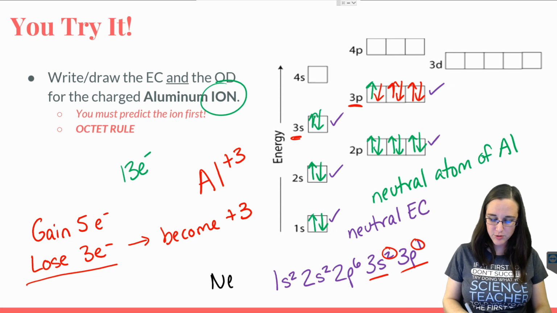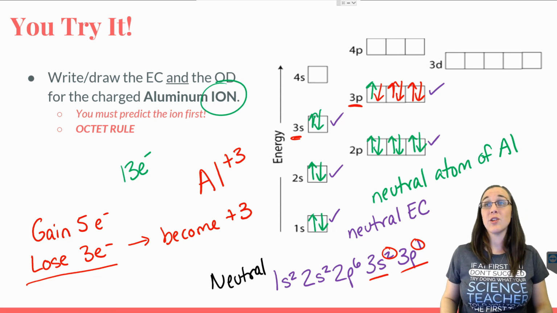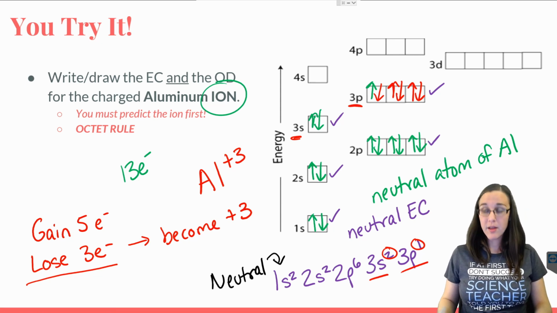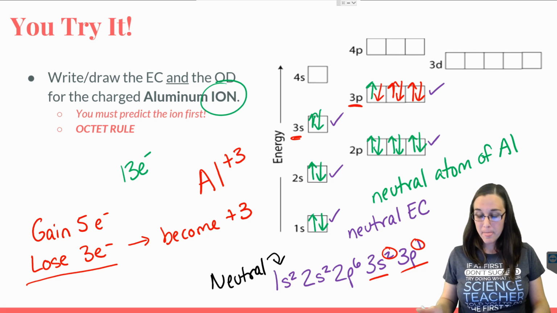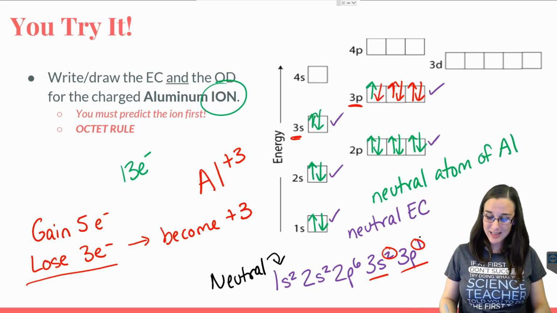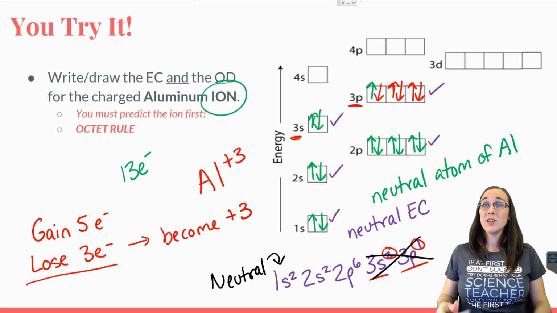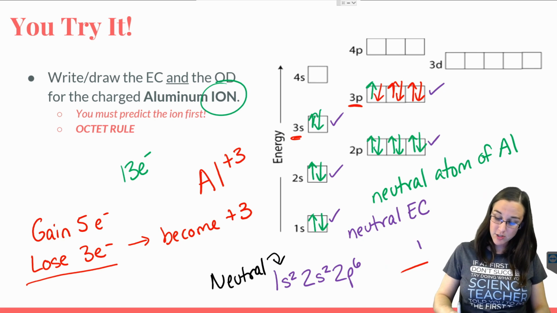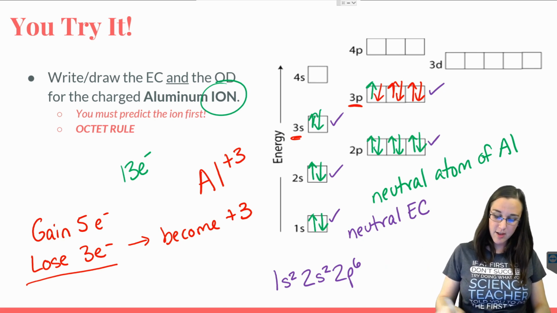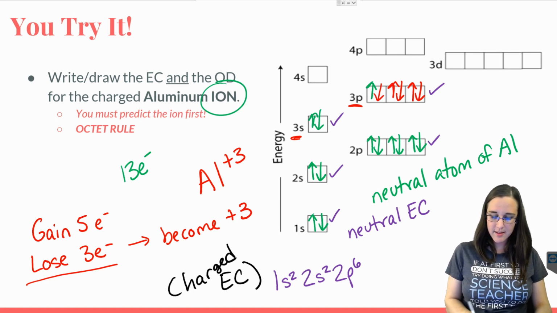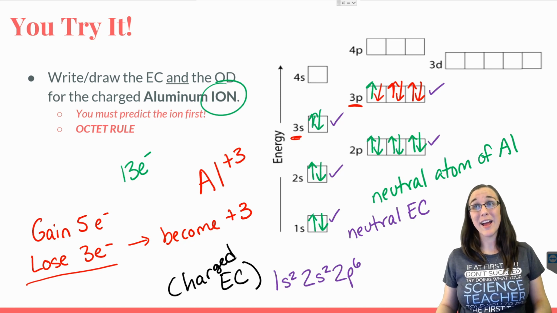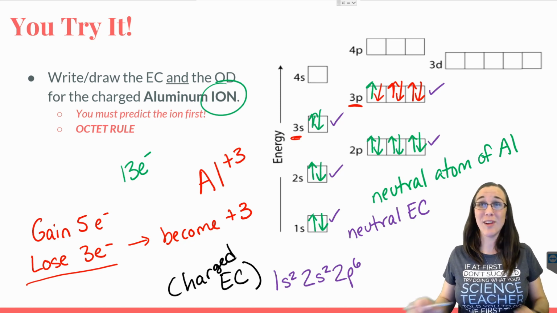This was the neutral electron configuration from before. But once it's charged, I would lose my 3 electrons in the outermost orbital. So essentially, I would be losing this end part. So for a charged atom of aluminium, its electron configuration would actually be that, just subtracting out those higher levels and erasing them entirely.